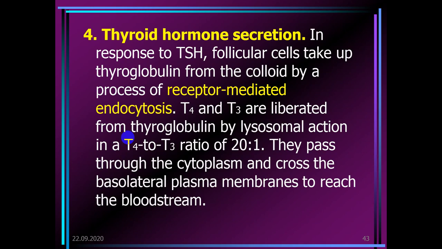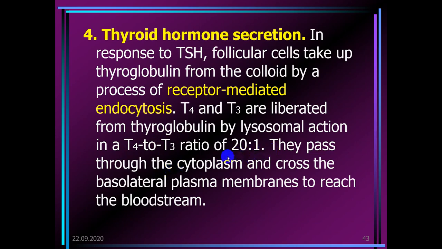Then they liberate the T3 and T4 from thyroglobulin by lysosomal action. The ratio of T4 to T3 is over 20 to 1. You have to understand that T4 hormone is less active than T3.